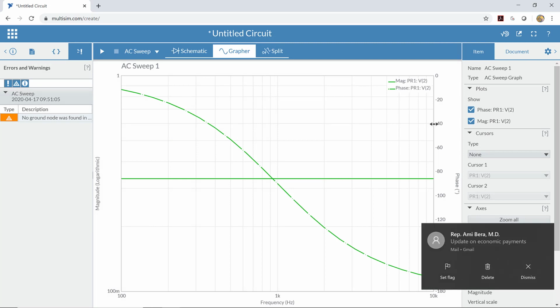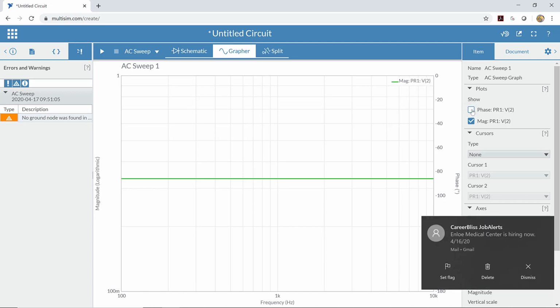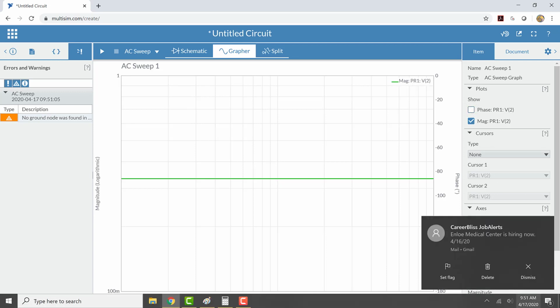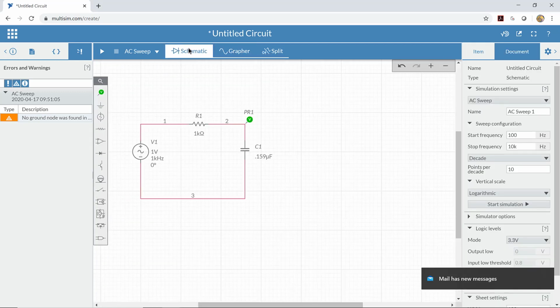Okay, so that's interesting. So what happened there? Let's go back to our schematic and see what's going on here. So we've got a 1 kilo ohm resistor, a 0.159 microfarad capacitor.